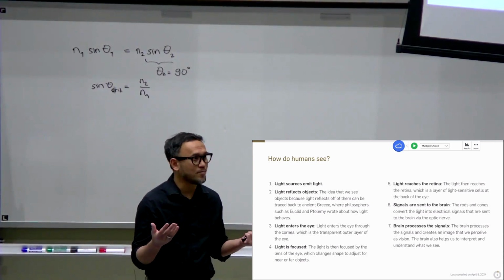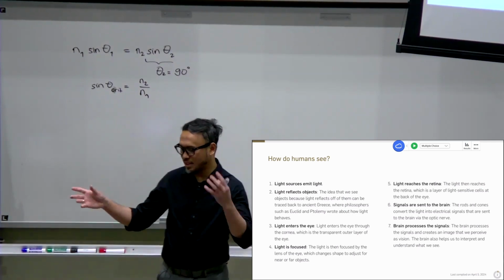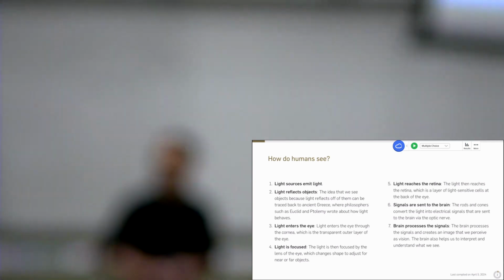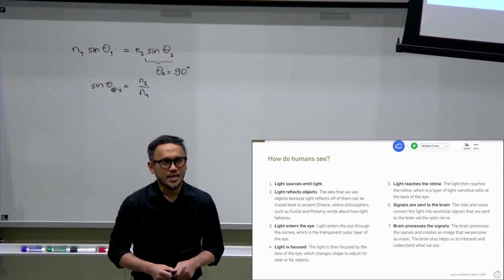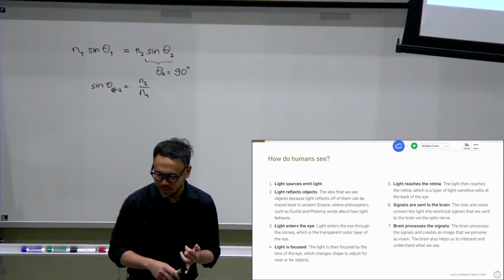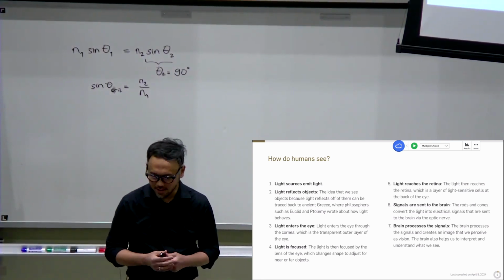And how to disprove that? You can put the object and the person in a dark room, and the person cannot see it. That's one. And then if you're a big fan of math, there are Euclid and Ptolemy.